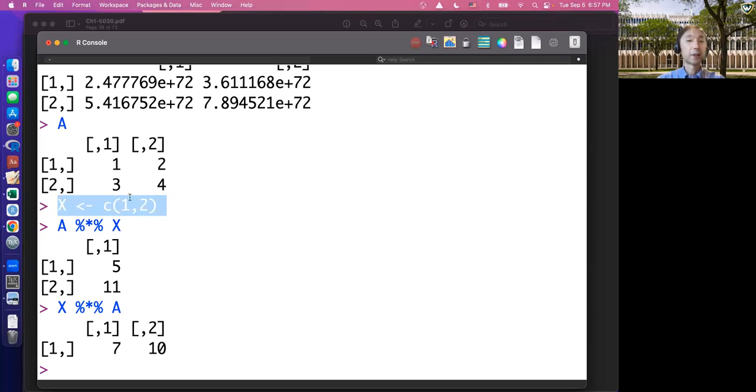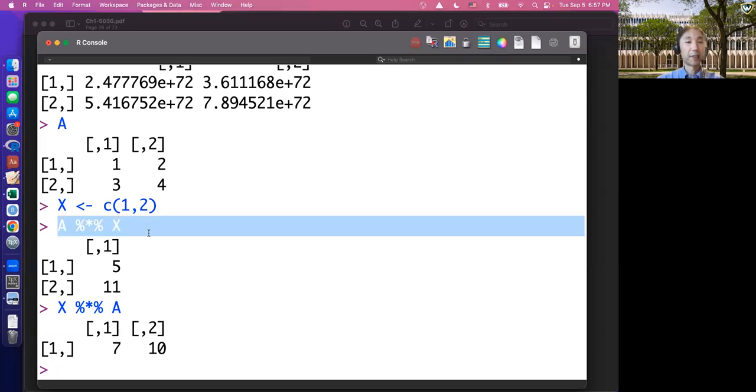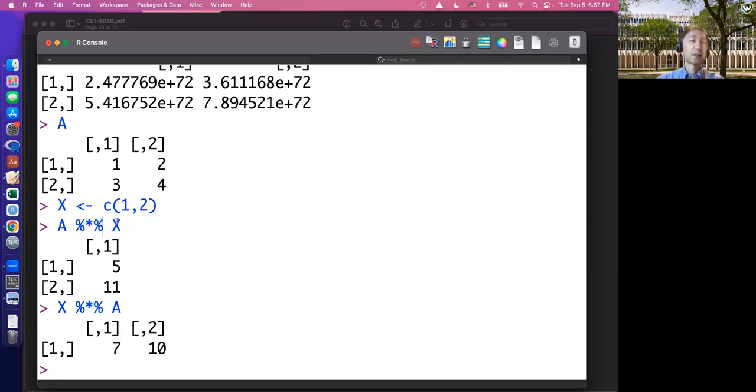So you can calculate X times A as 1 times 1 plus 3 times 2, which is 7. Again, R does not distinguish between row vectors and column vectors. R automatically interprets X as a column vector in the first code and a row vector in the second code.